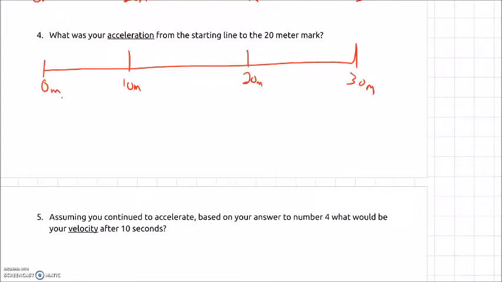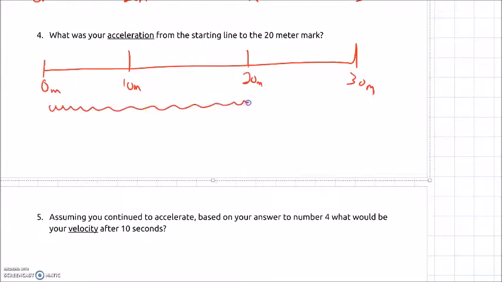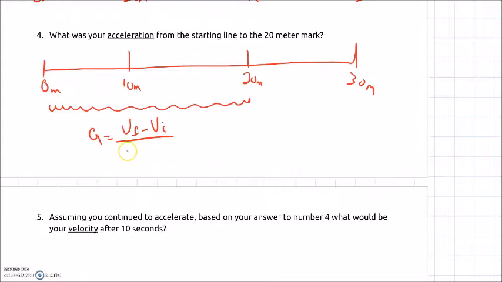And what we're trying to calculate is the acceleration from here to here. We know that acceleration is equal to v final minus v initial divided by t final minus t initial, or again, the velocity you end up with minus the velocity you start with divided by the time you end up with minus the time you start with.